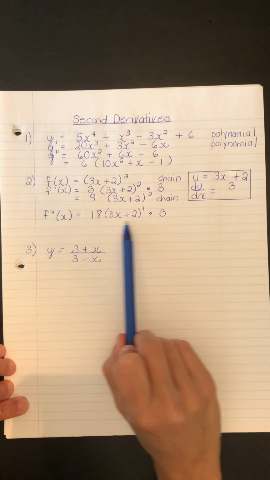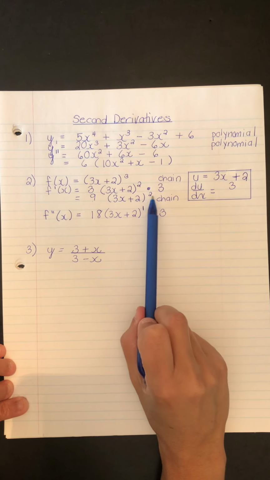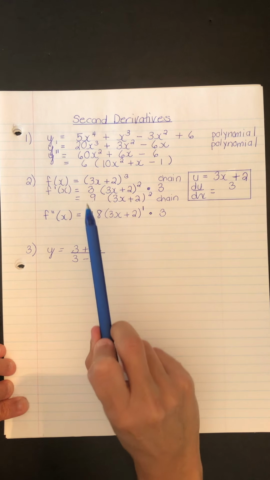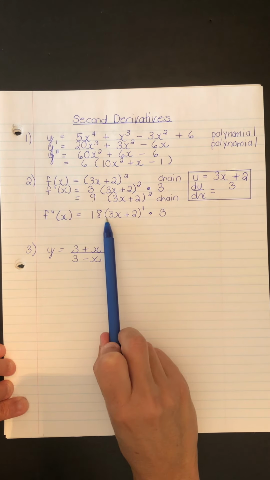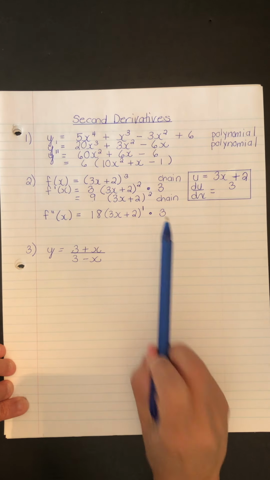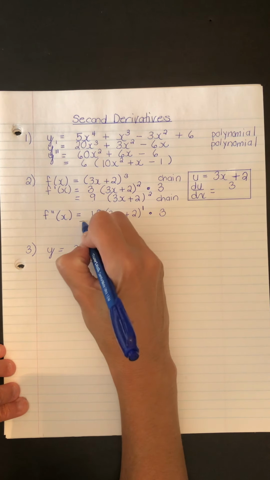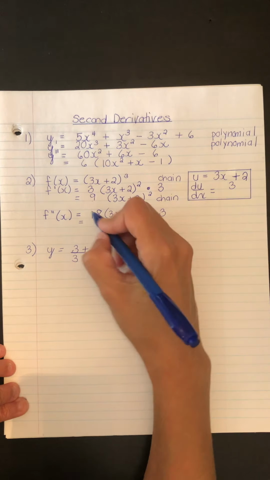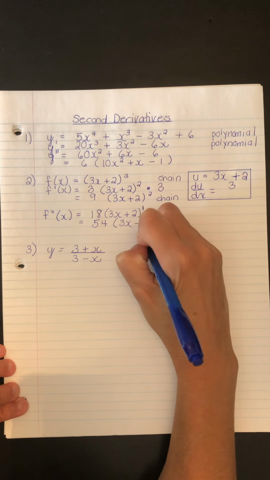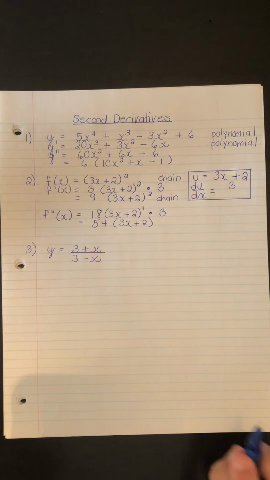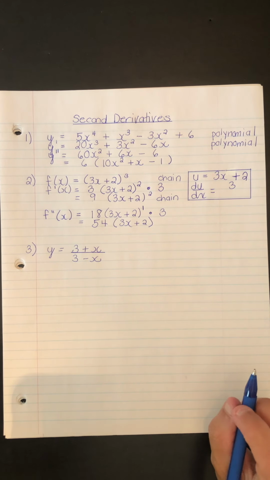Okay, and then the very same thing when forming f double prime at x. The 2 comes forward, multiplies, 1 is subtracted from the exponent, and then multiplied by the derivative of the inside of the bracket. So 18 times 3 now is 54. So we get 54 times 3x plus 2, like this.